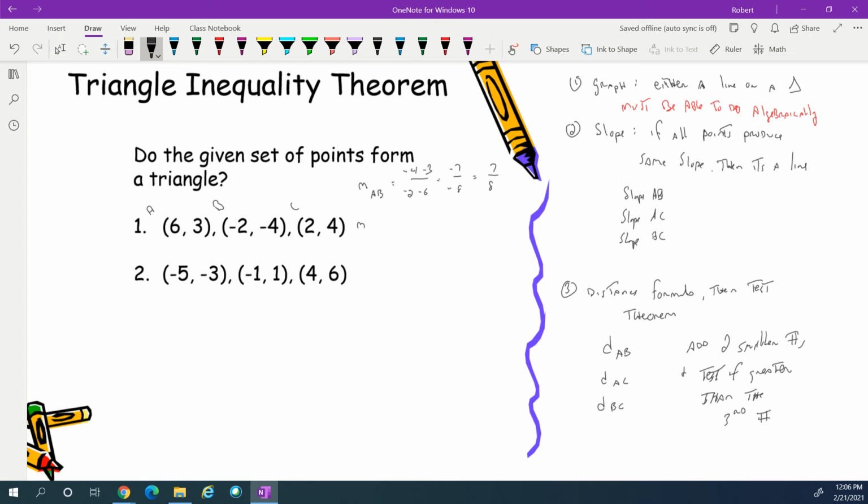I might find the slope of AC, 4 minus 3 over 2 minus 6, so that's 1 over -4. And now I'm going to test the slope of BC, 4 minus -4 over 2 minus -2, that's 8/4, or 2. Since my slopes are all different, this is a triangle.